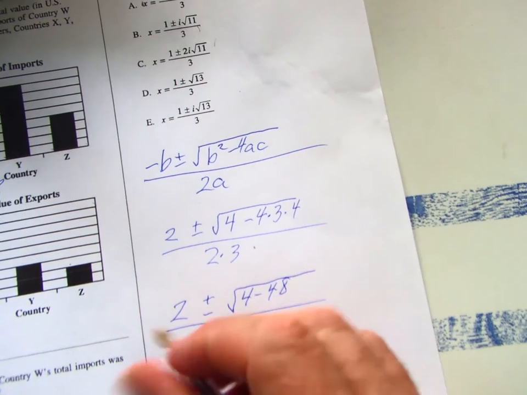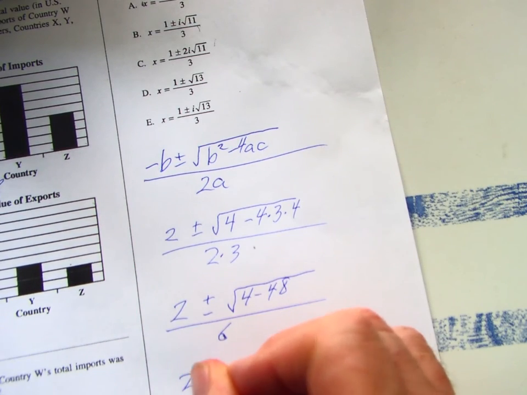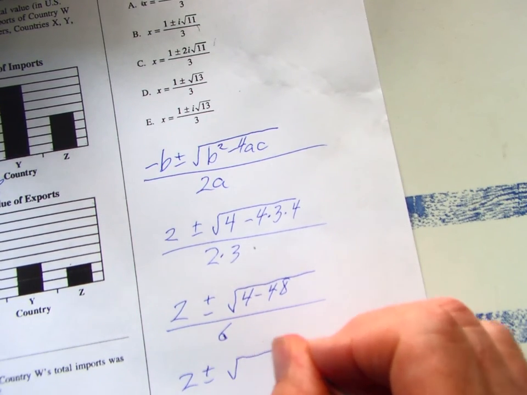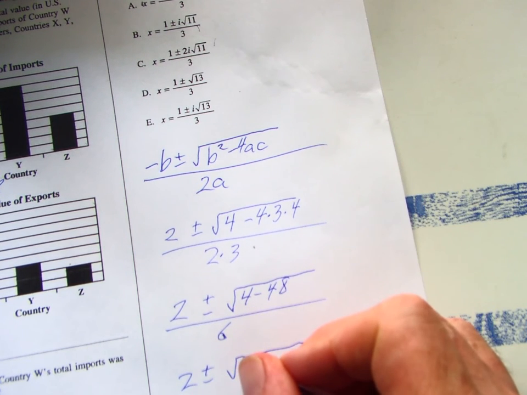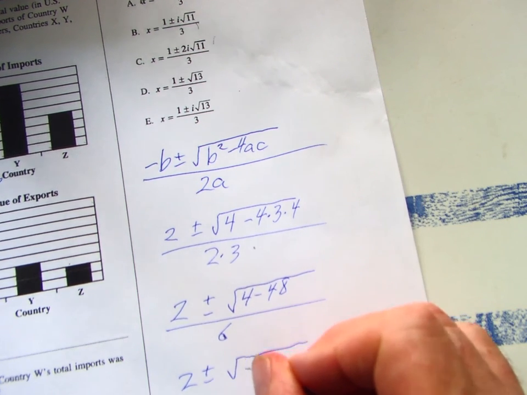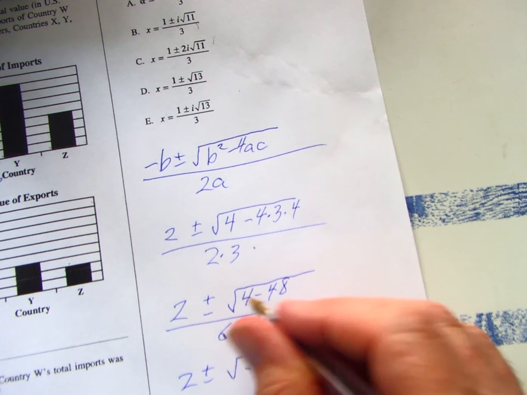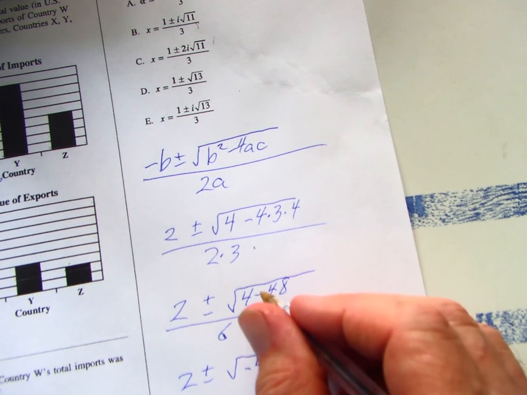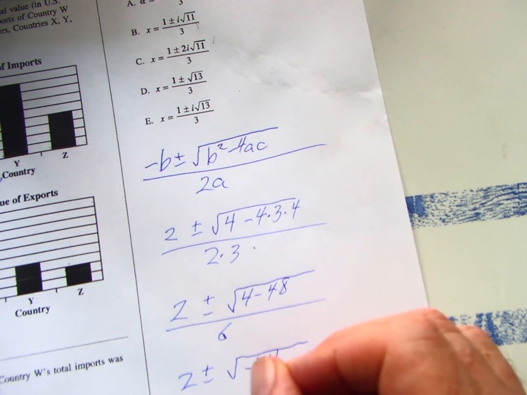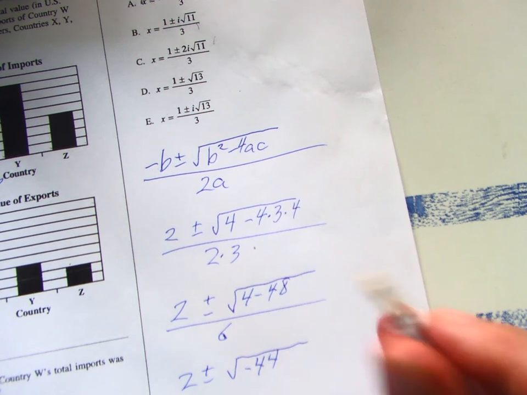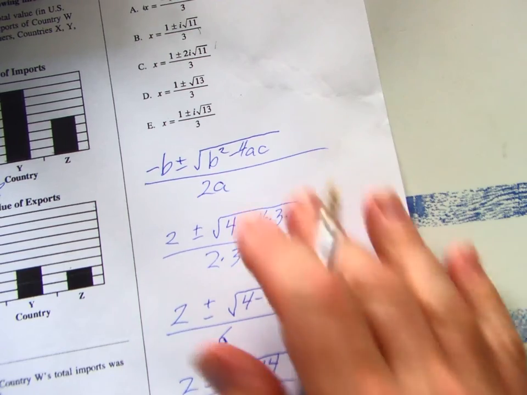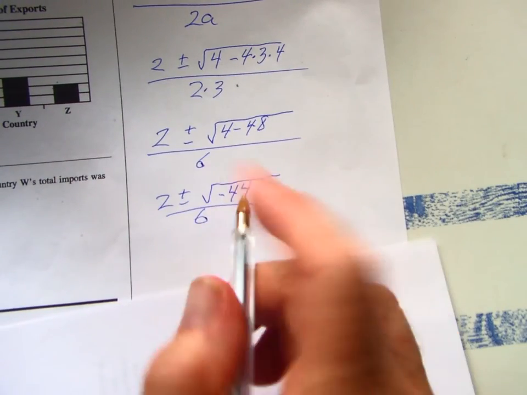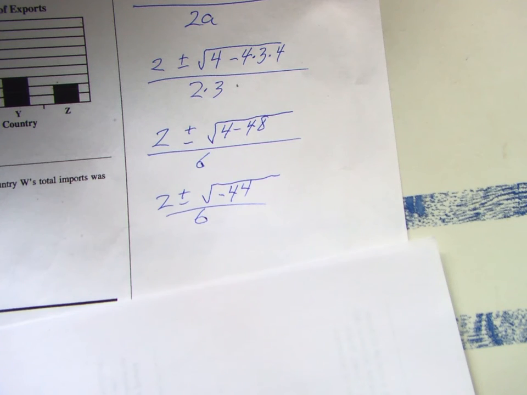So now we have 2 plus or minus the square root of 4 minus 48, which is minus 44. The subtraction is backwards, so we have to put a minus in front of it. The minus is bigger, right? And that's divided by 6. Now, what can we do with the square root of 44?